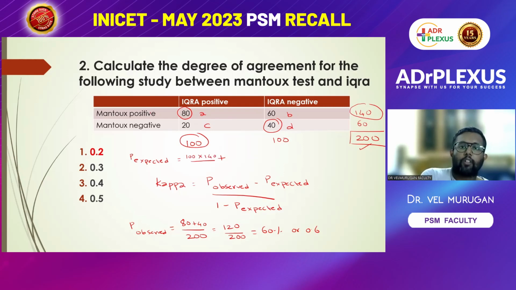What is a row? This is a row: first row, second row, first column, second column. So row total into column total by grand total, similar to what we do in a chi-square test. Next, for negative, row total into column total by grand total.